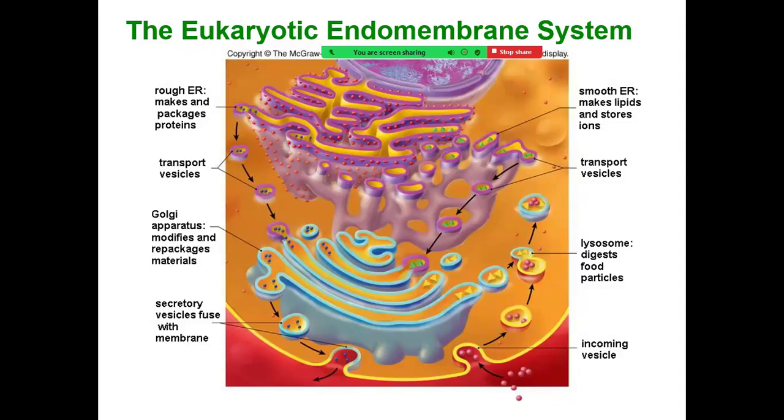Their cells dump them out by using the endomembrane system. But the protein will be transported by a transport vesicle to wherever the protein needs to be.